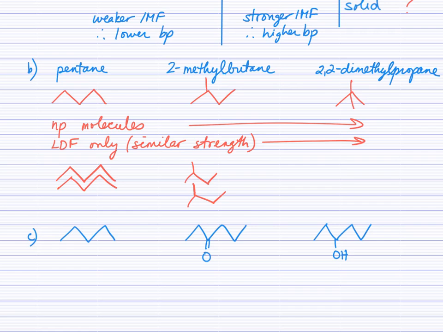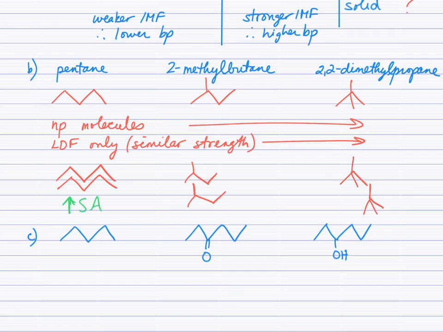Okay, and the 2,2-dimethylpropane, you can see with its double branching here, it makes it even more difficult for these to be close together. And so what we're seeing here is a variation in surface area. So the surface area that pentane molecules experience London force interactions through is much higher. This is definitely a higher surface area.